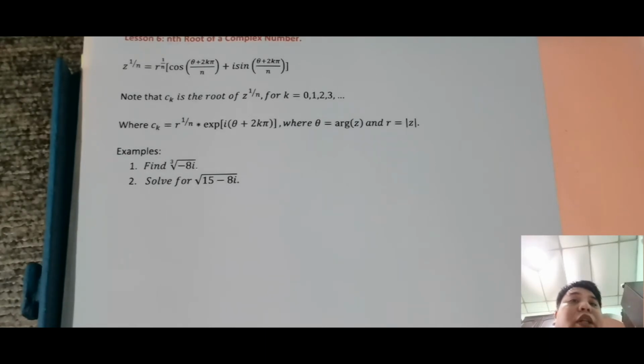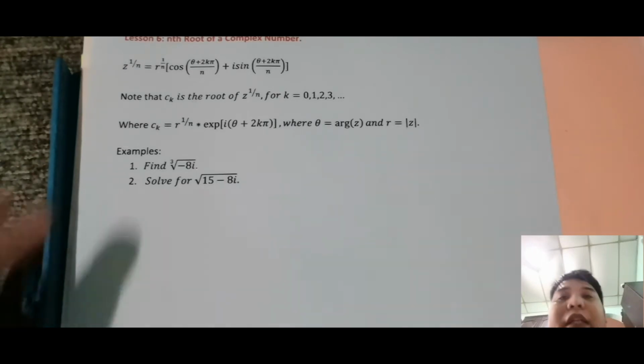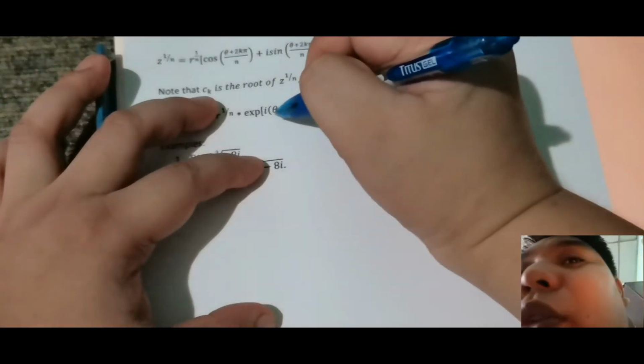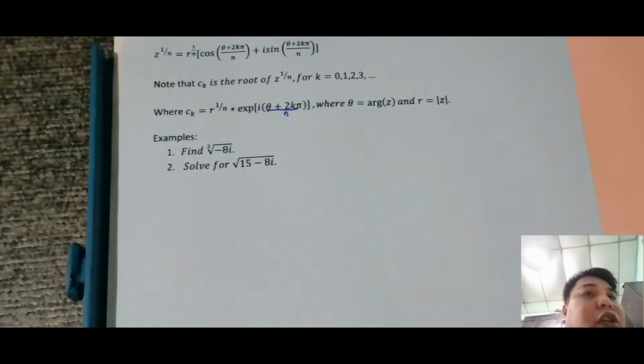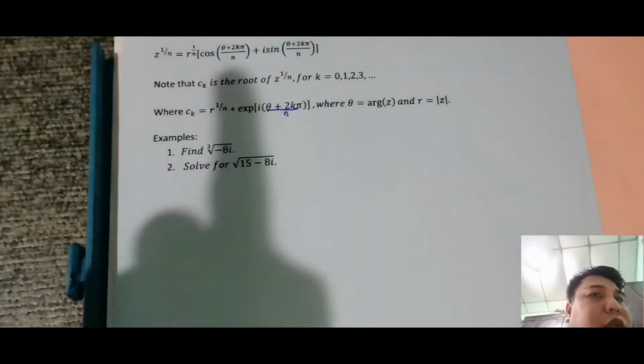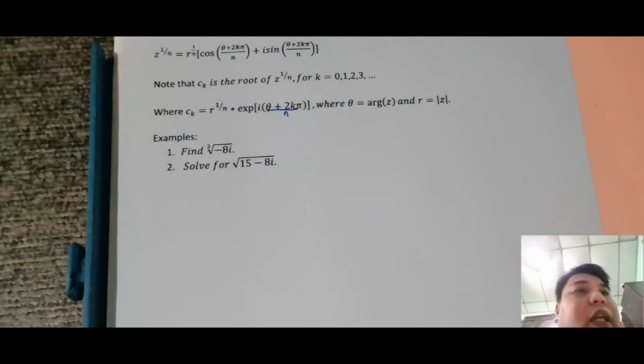Okay, next is, where c sub k is equal to r raised to 1 over n times the exponential of i times (0 plus 2k pi) over n. Okay, doon sa loob. So, after ko masimplify yan, 0 plus 2k pi, divide ko by n, multiply ko by i.